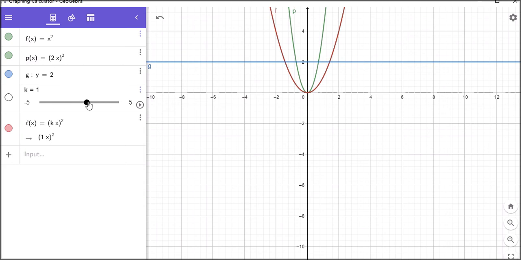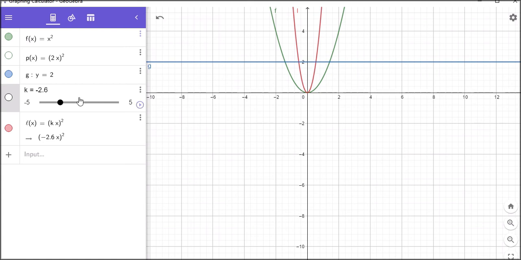When k is negative, we want to hide p. Like when k is negative one, it reflects across the y-axis, but because this graph is symmetrical about the y-axis, we cannot see any change.